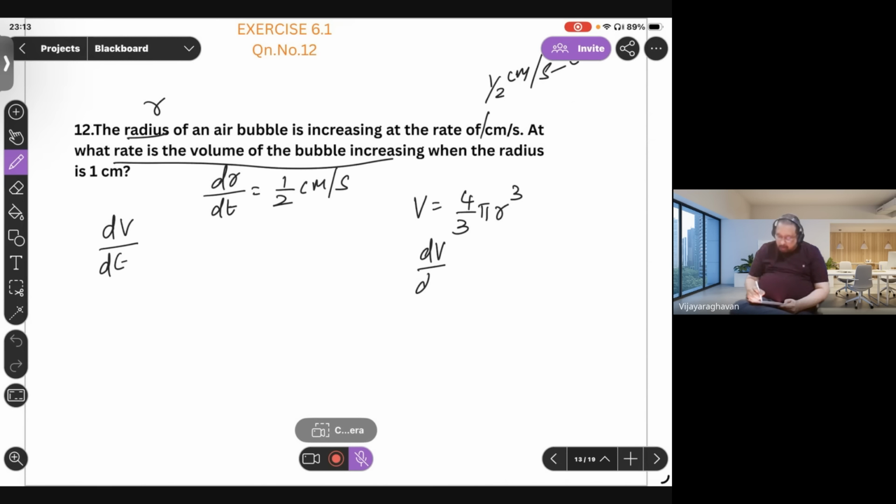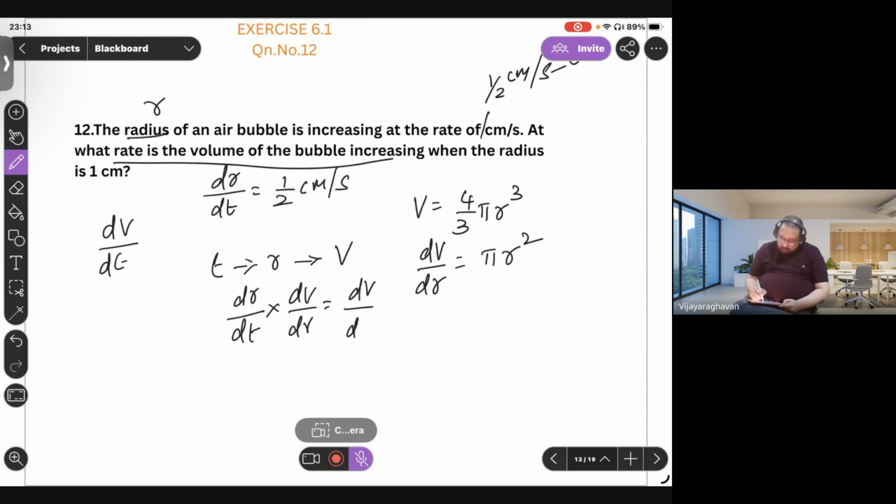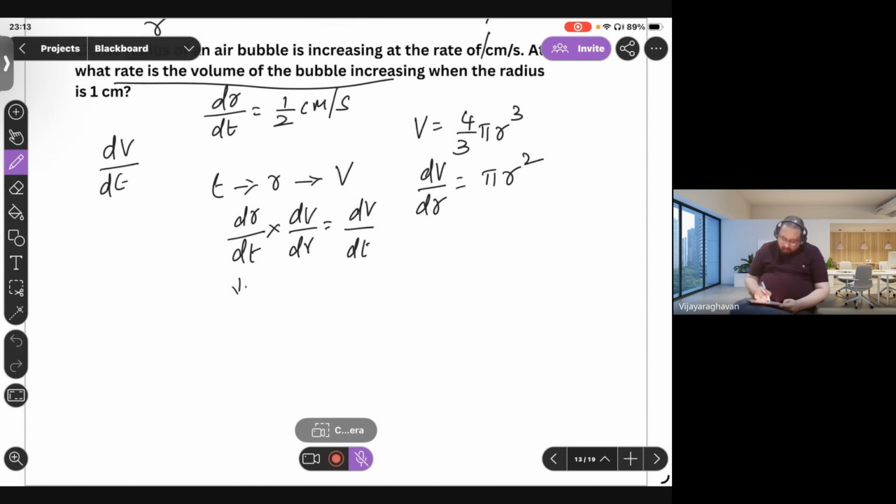dV/dr equals 4 pi r square. So let's set up the derivative. Time drives the radius, and that drives the volume. So we have dr/dt multiplied by dV/dr equals dV/dt. dr/dt is half, so 1 by 2 multiplied by 4 pi r square, which is 2 pi r square.